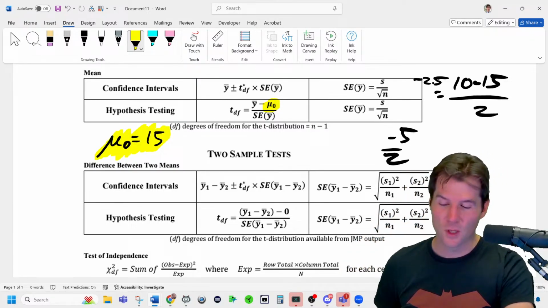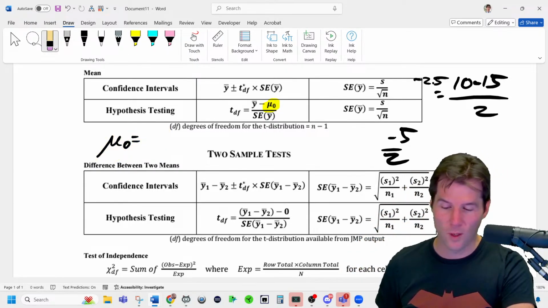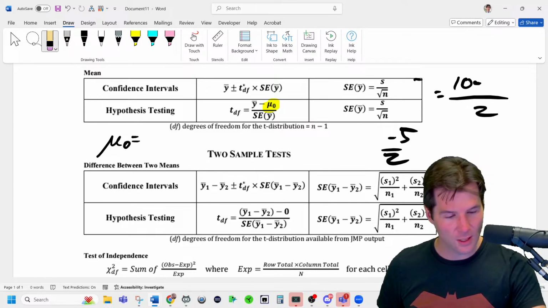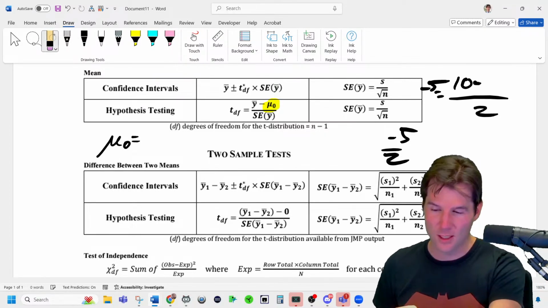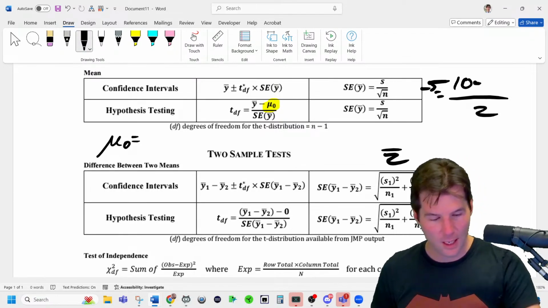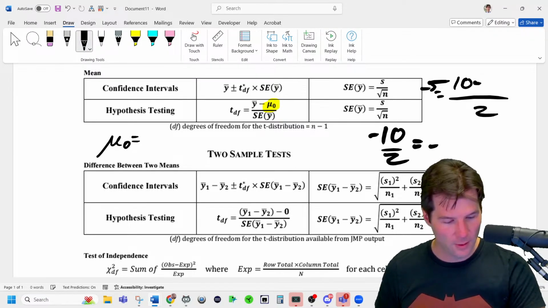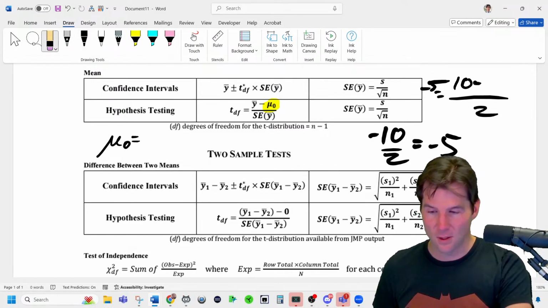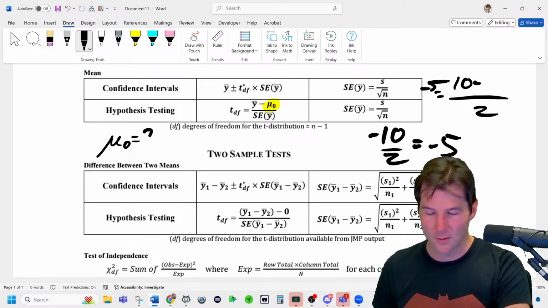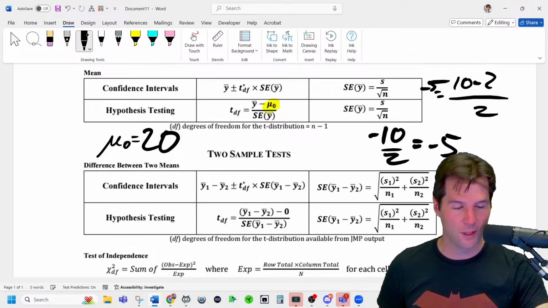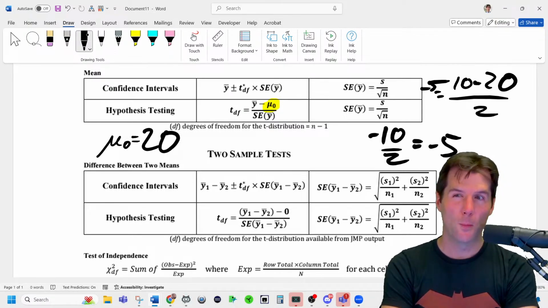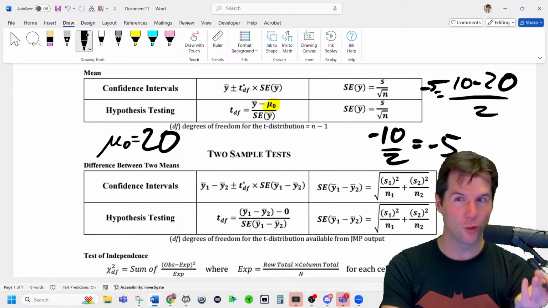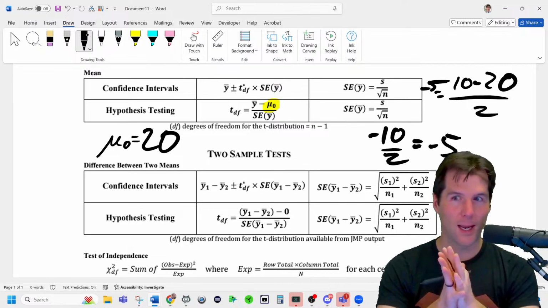Well, then you'll notice we're just taking how far these numbers are away and standardizing that difference. Now the difference would be negative 5 standardized because the difference is negative 10 over 2, and there it is right there. So you can just hypothesize any value, and then you find the difference with what you observe in your data. So mu naught, mu stands for true mean, and the naught means hypothesized.